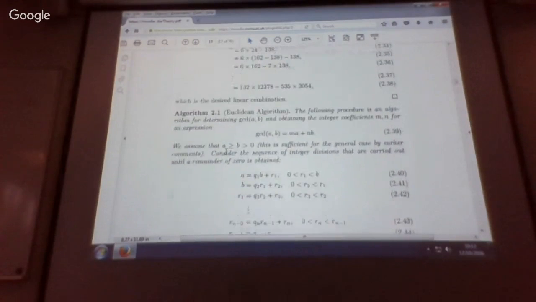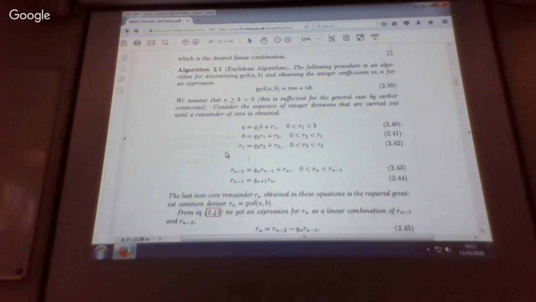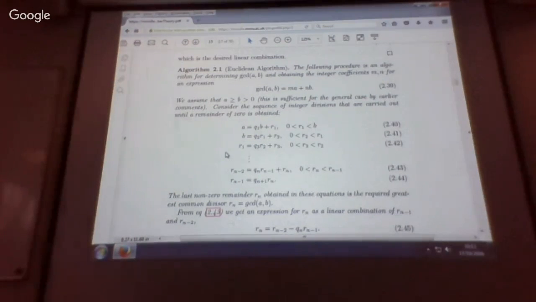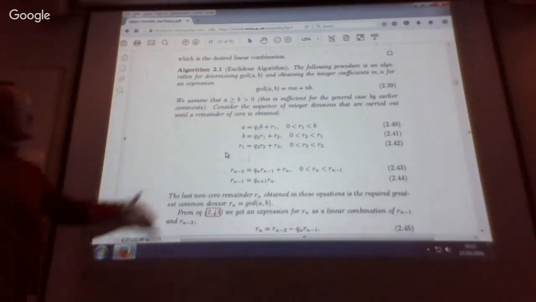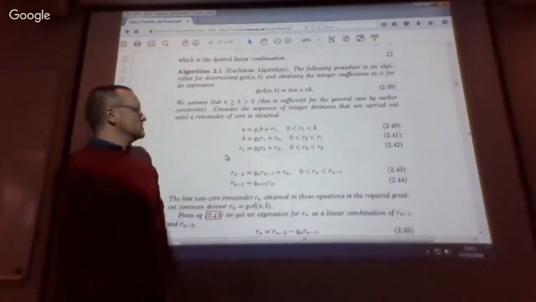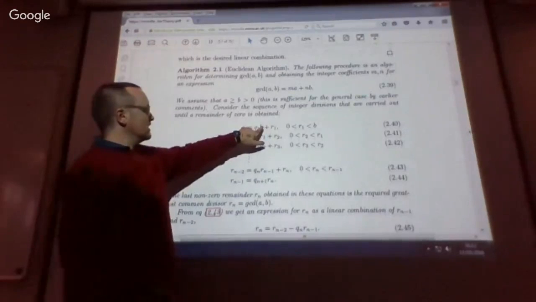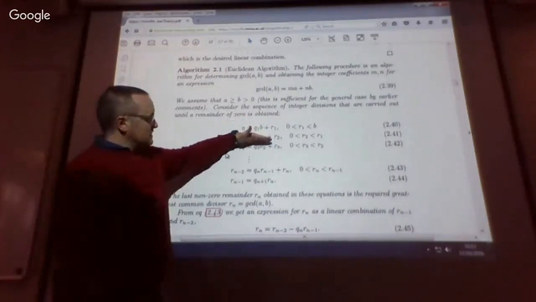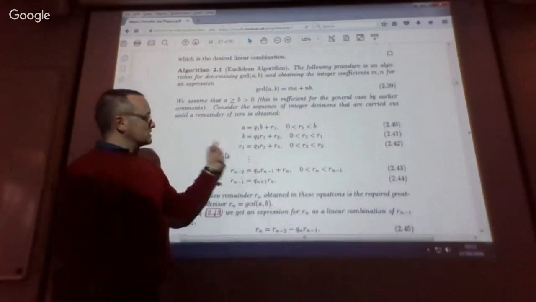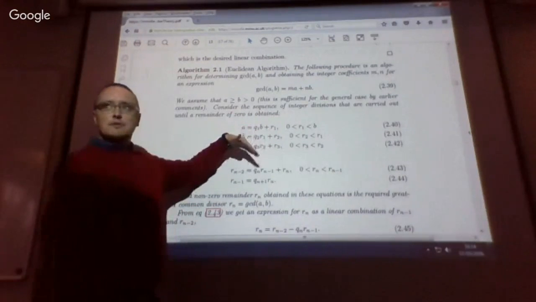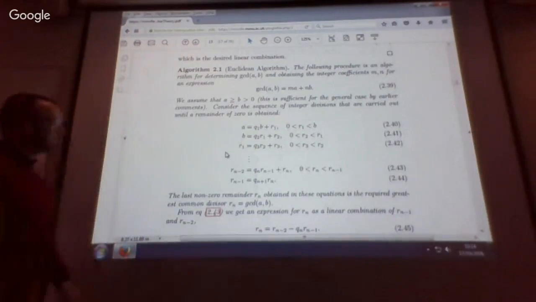Now, it's laid out here in the form of a formal result, algorithm 2.1, the Euclidean algorithm. It's basically just repeating what's going on in that example there, but in a general formal way. So we set up a sequence of integer divisions, giving a consistent labeling of the original input pair A and B. But then as you go to the middle, really what you're doing is these integer divisions with remainders, with sequences of remainders that have come from earlier divisions.